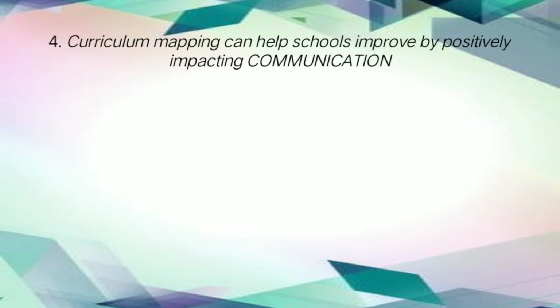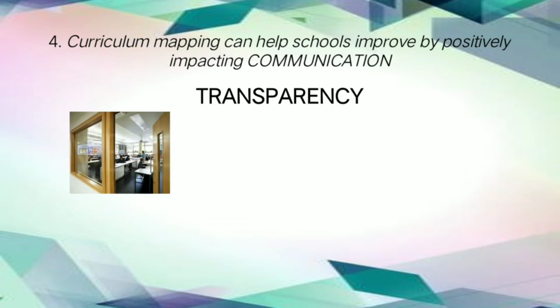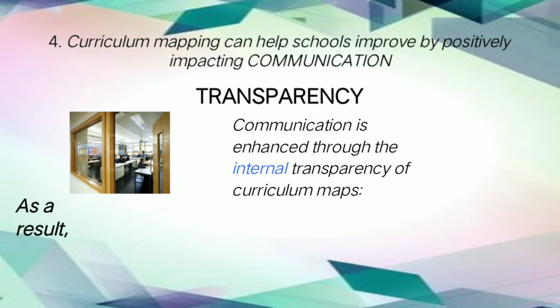So transparency is needed as one of the communication. As a result, teachers are knowledgeable about what content is taught by teachers at every grade level, and all teachers in a school have access to the same curricular information.